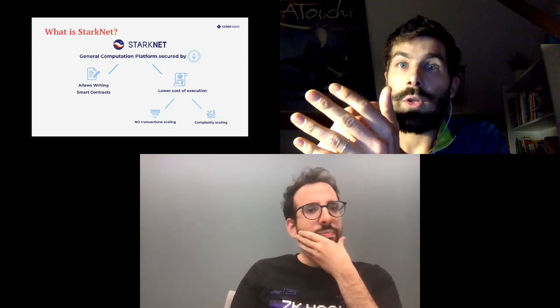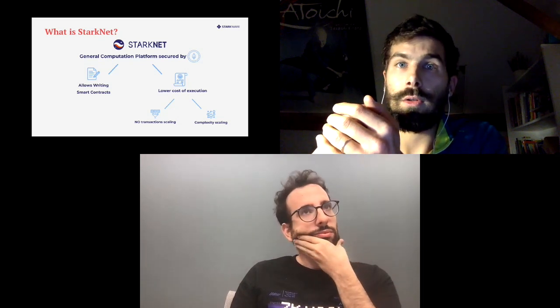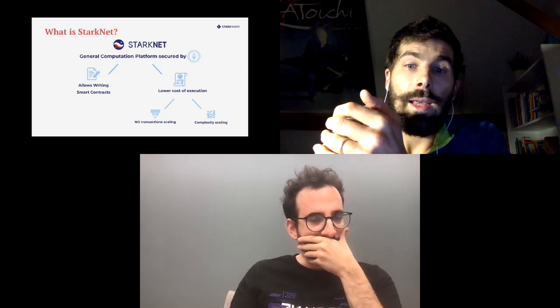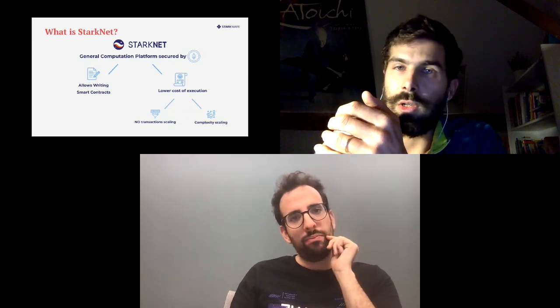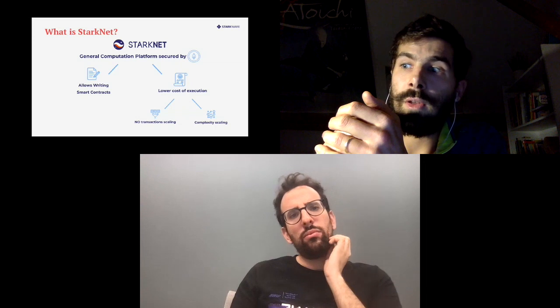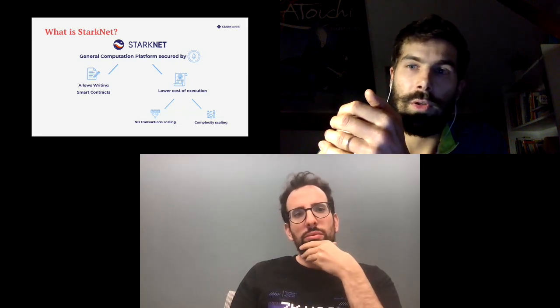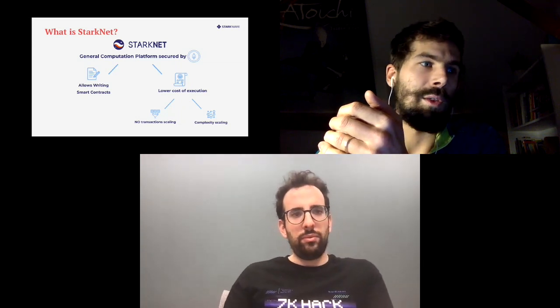Intuitively, if the computational work is done by only one computer instead of all the computers of the network, it lowers the cost of execution because you're not bounded by the smallest machine you want on your network, and you still give extremely strong guarantees that the execution was done correctly. You're not trusting the prover to do the work correctly. You're trusting mathematics that the job was done correctly.